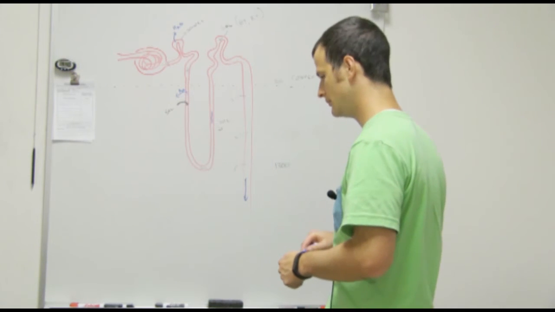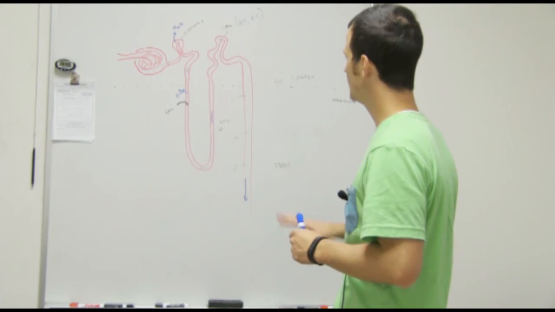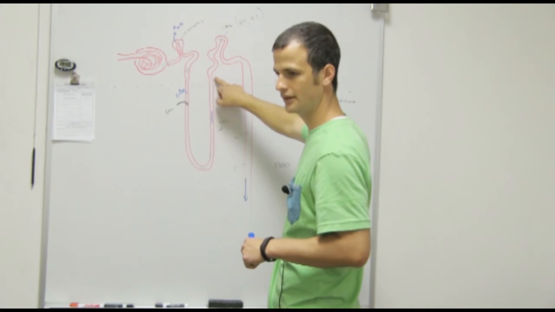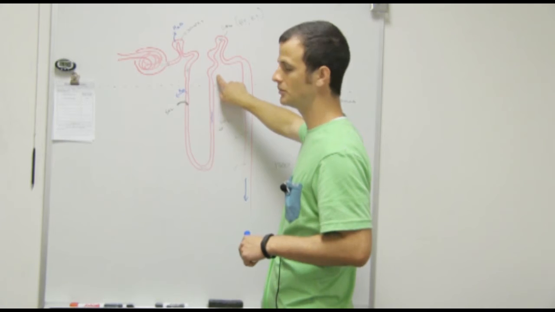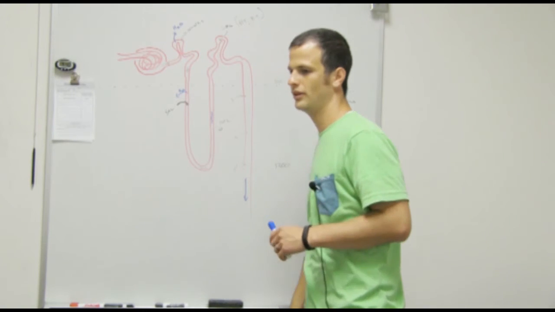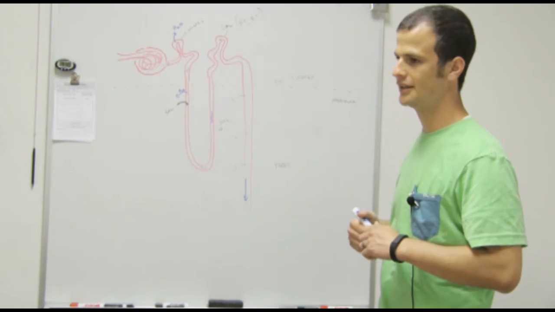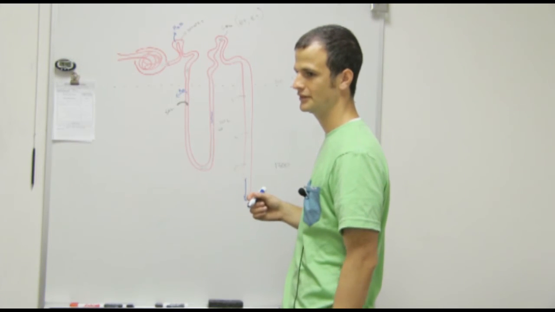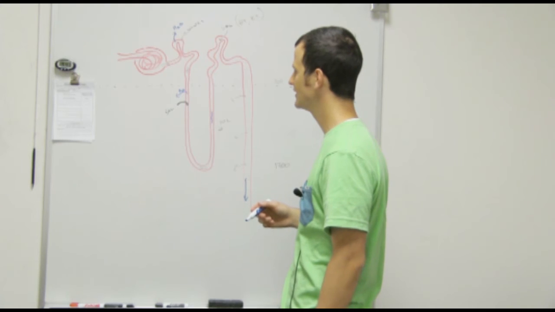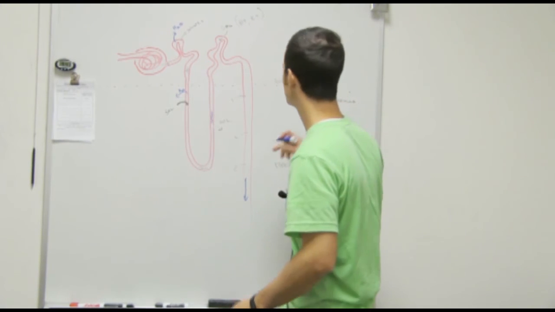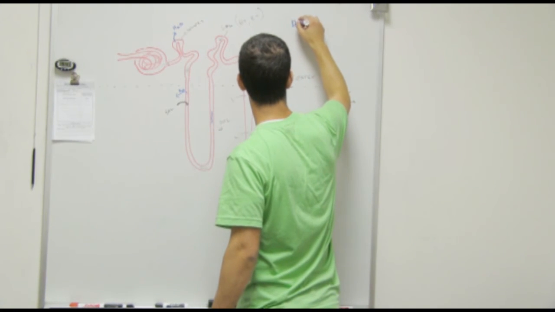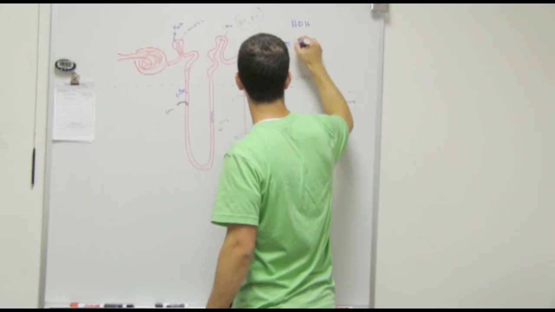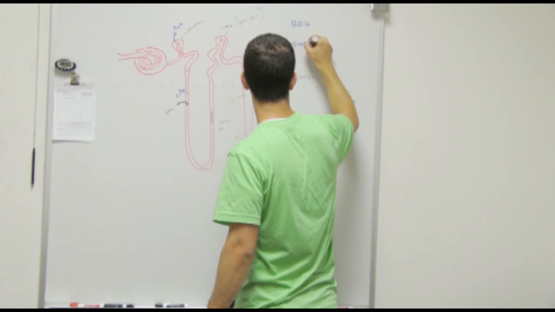So this example, at least from the distal convoluted tubule on, is without the presence of ADH. Do you remember hearing about ADH, or what ADH is? I've heard of it. I'm just trying to think of what it's called. Fine. So ADH, it's anti-diuretic.